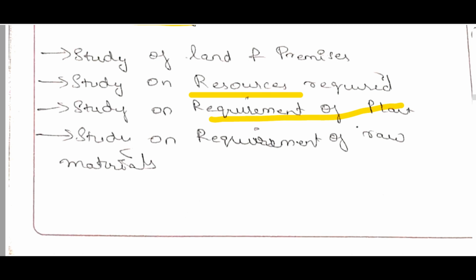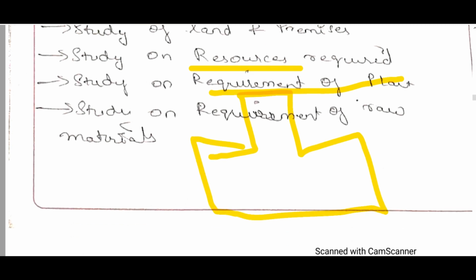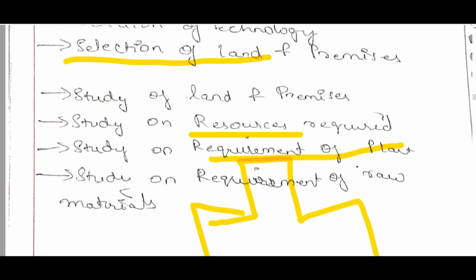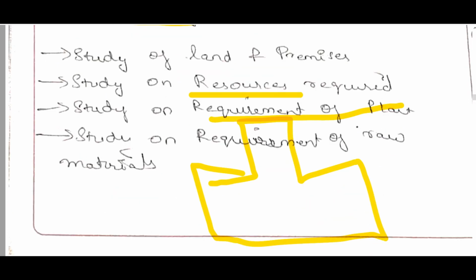If you want to create a car manufacturing plant, what will be the requirement for that plant? Okay, study of requirement of raw materials, same as the study of land and premises.